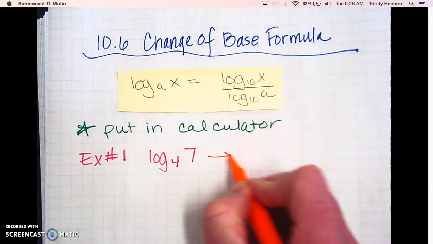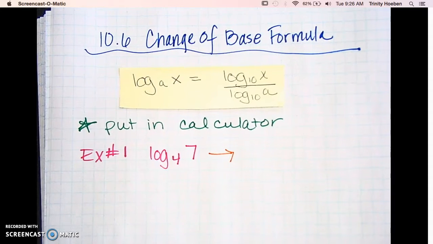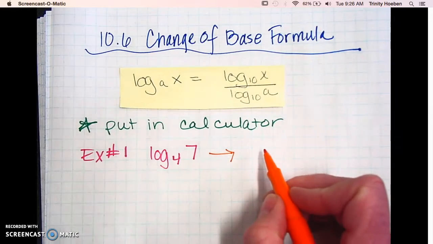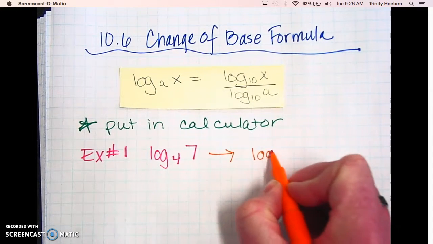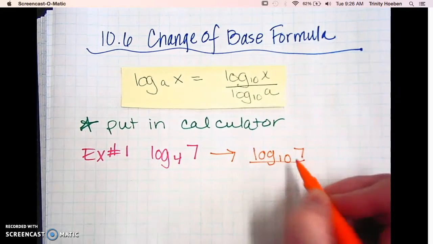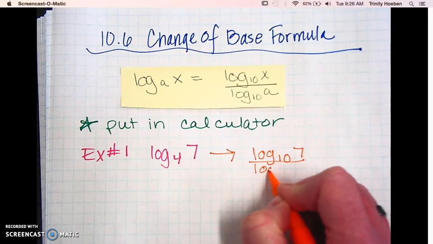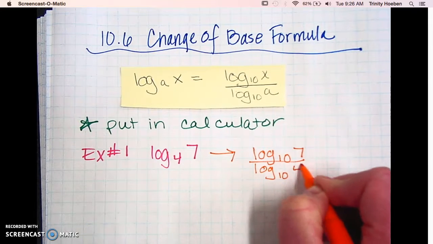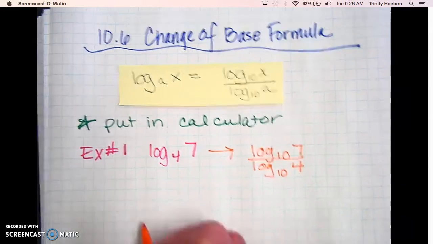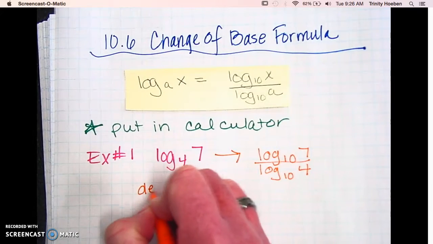We're going to use the change of base formula, which says that we're going to rewrite it as log base 10 of 7 over log base 10 of 4. And then we're going to do what's called finding the decimal value.